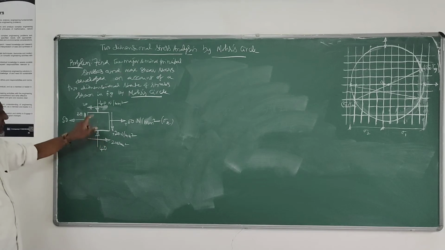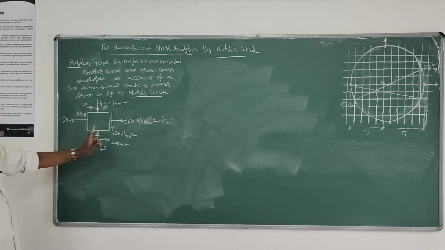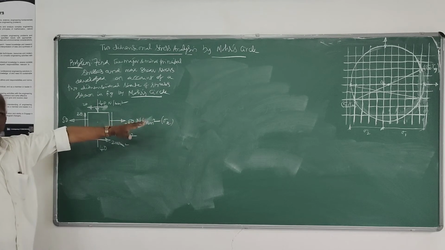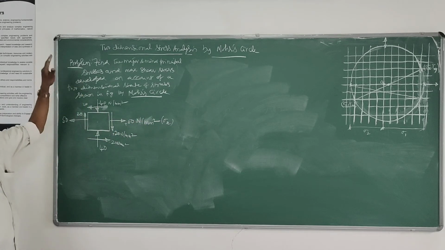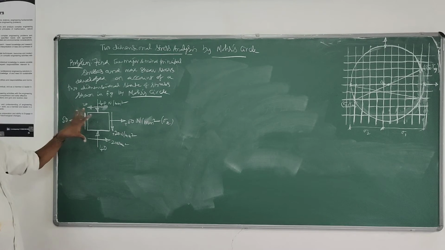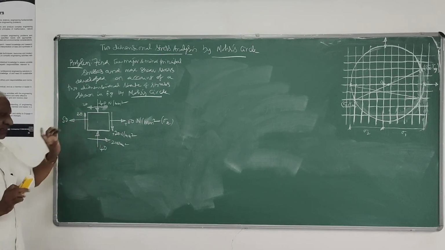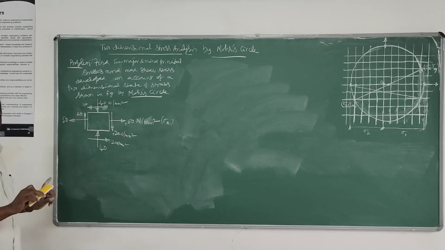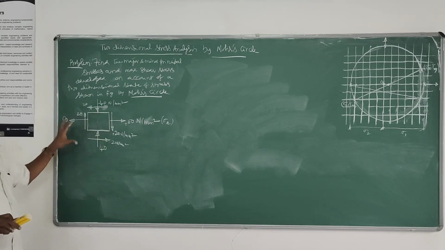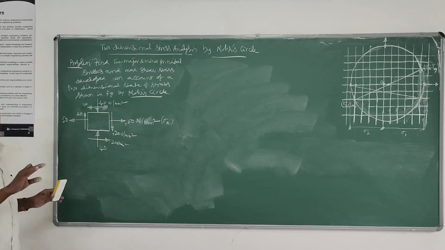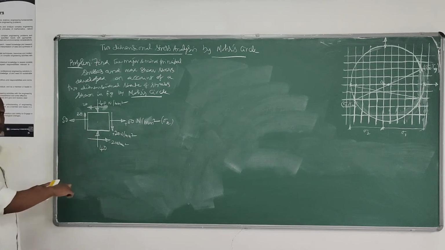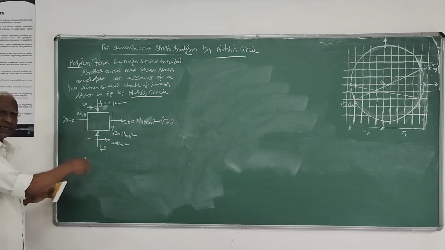So when you are plotting, this shear you have to plot on the negative side. This shear you have to plot on the positive side. This normal stress you have to plot on the positive side, and this one on the negative side. So given a state of stress, first you have to ascertain clearly whether the given normal stresses are positive or negative, and whether the given tangential or shear stresses are positive or negative, depending upon whether they give clockwise or anti-clockwise moment about any point within the element.